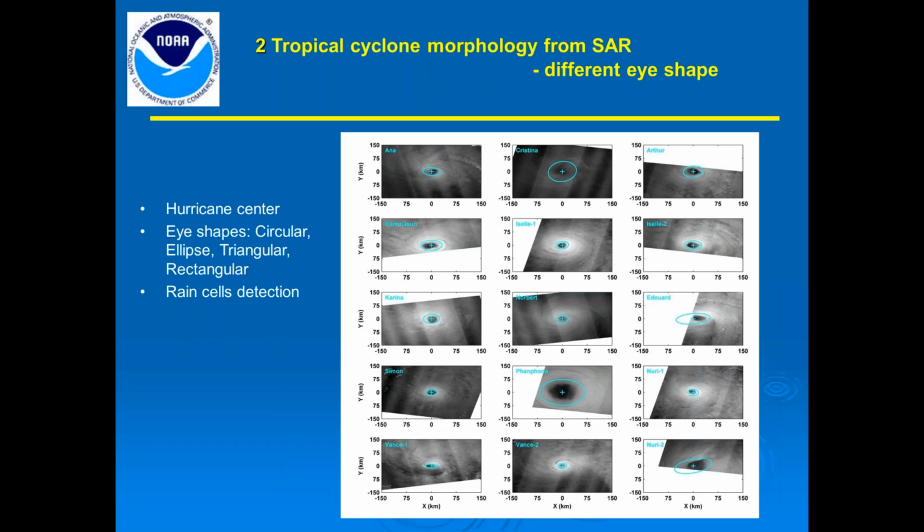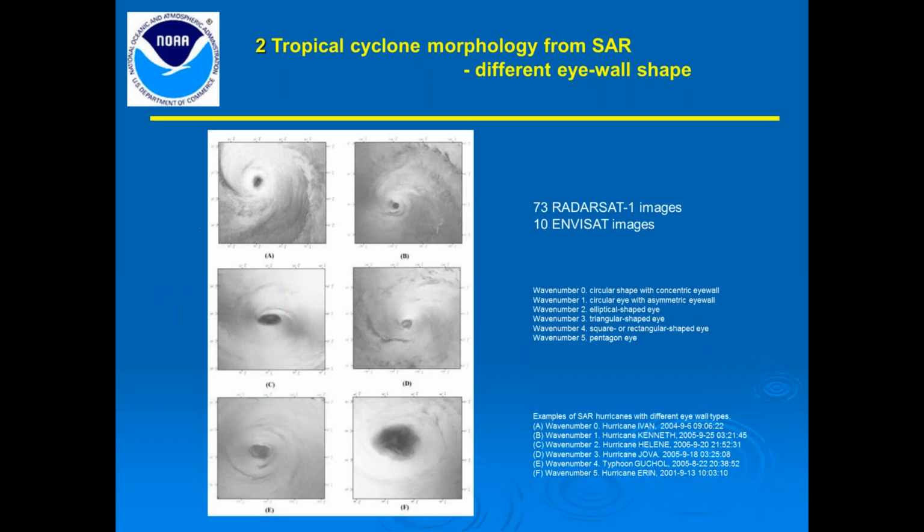And then we can develop a whole bunch of pattern recognition methods to pick the shapes of those eyes, and then group them together. This is a little study we did using 73 RADARSAT images given to us from the Canadian Space Agency, and 10 ENVISAT images from ESA.